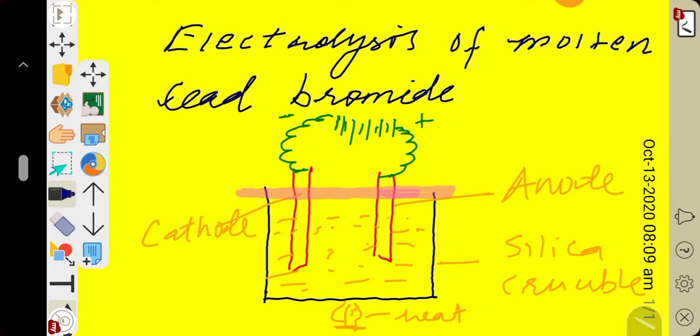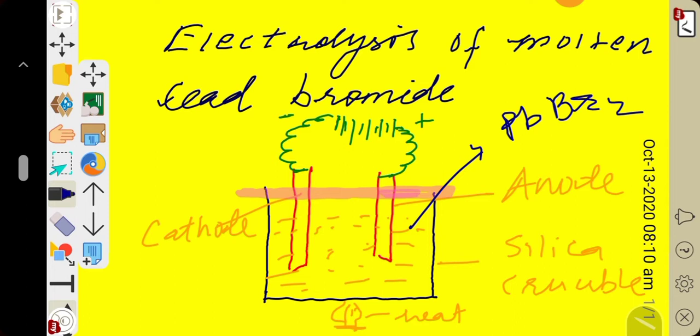The electrolyte will be molten lead bromide, and the temperature we have to maintain will be above 380 degrees Celsius. The melting point of PbBr2 is maintained by continuous heating of the molten lead bromide by a burner.